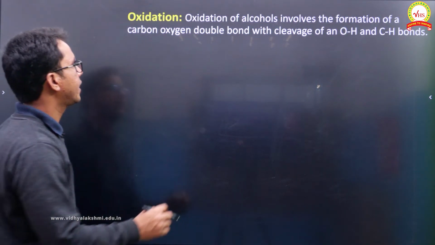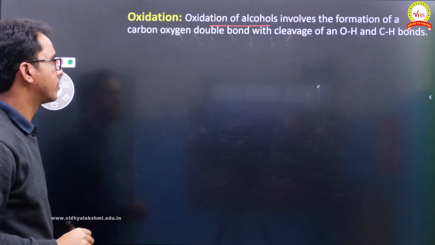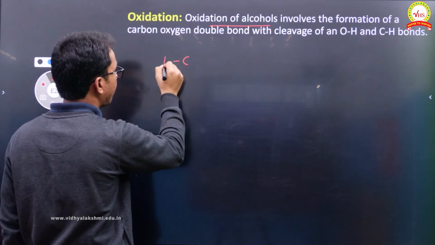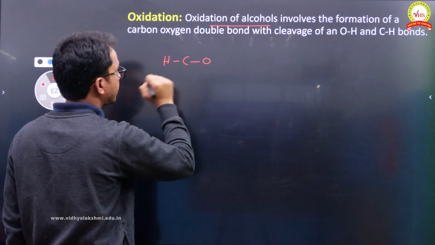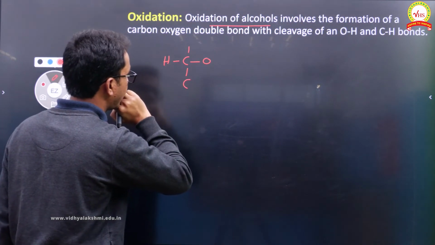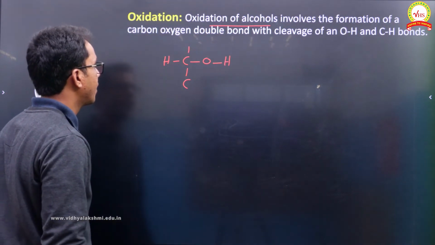Now let us take oxidation of alcohols. For example, if you take alcohols, what do we have? Hydrogen, oxygen, and carbon. Let me take an alcohol.